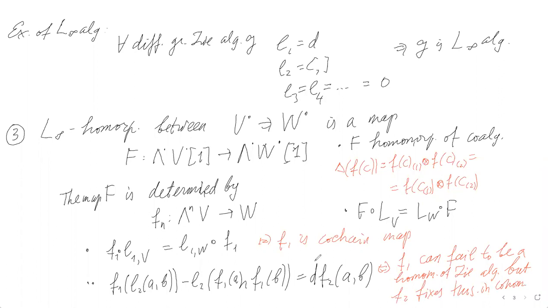Of course, this D is again the differential induced by D in V and W. So this D is the differential in the mapping space from lambda 2 of V into W.